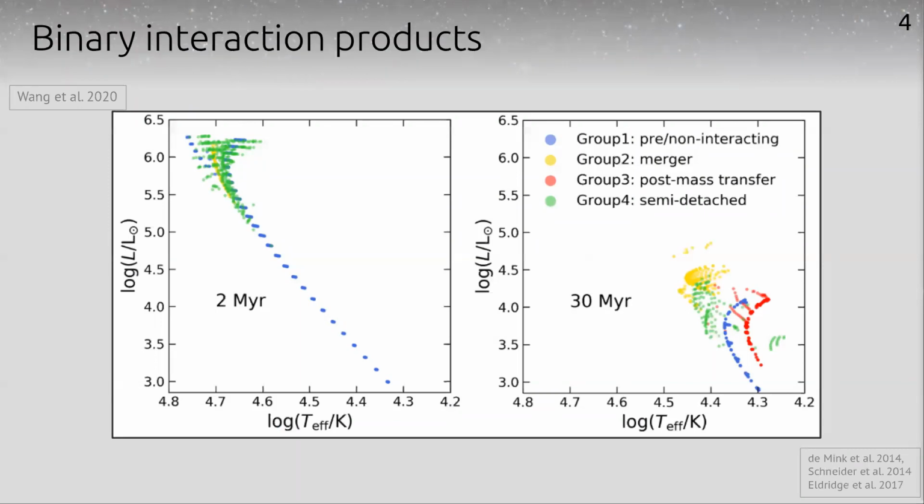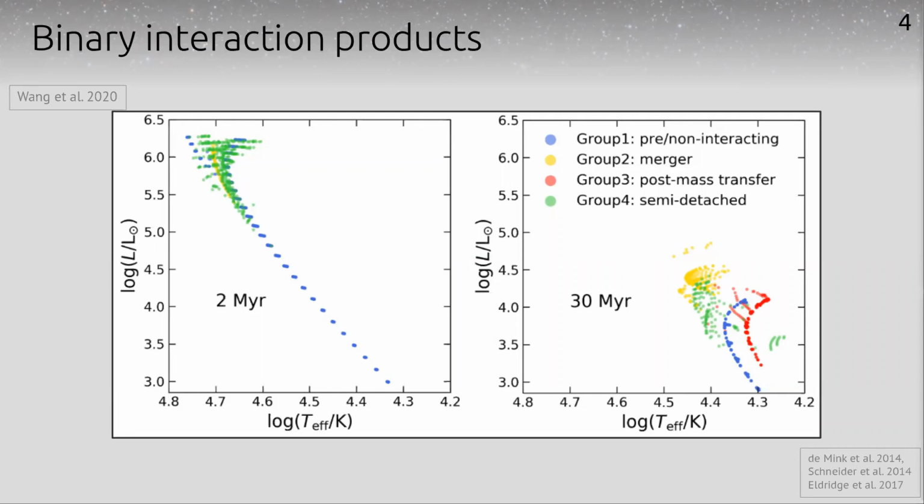So the plots that I'm showing here are these simulated populations of stars, where the left one is at an age of 2 million years of this simulated cluster, and the right one is after 30 million years. And what it shows is that binary interaction products actually dominate these Hertzsprung-Russell or color magnitude diagrams of these clusters, because they appear in very distinct and different parts of this diagram than the single stars.